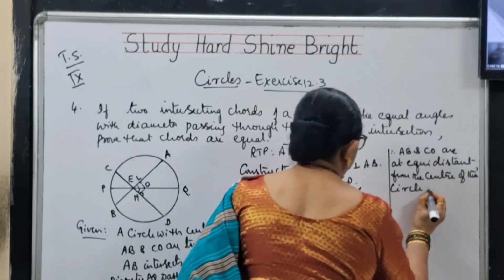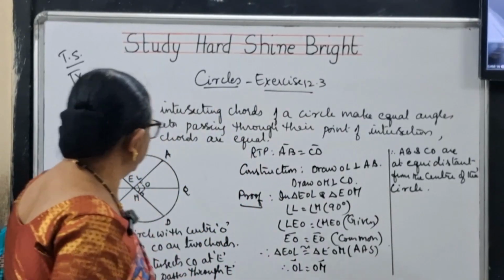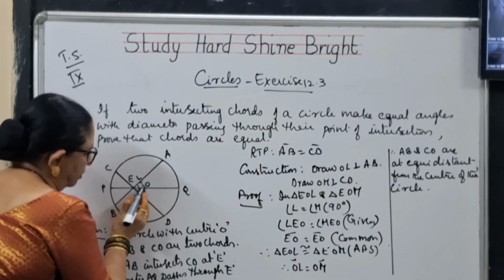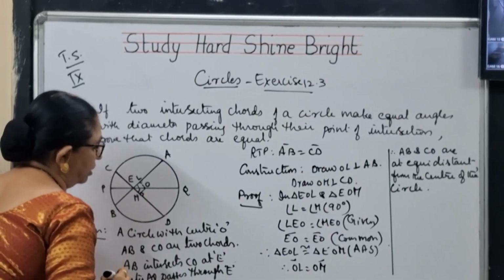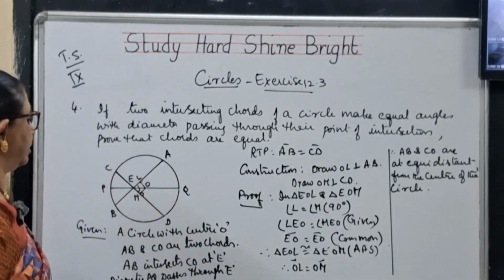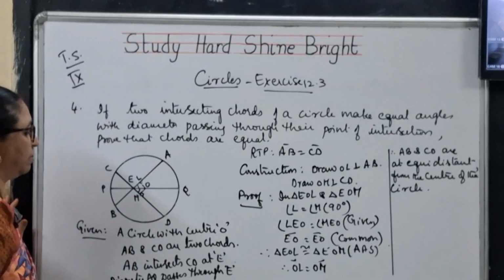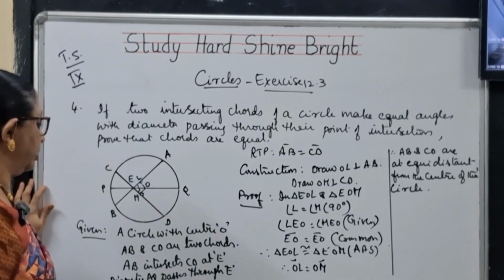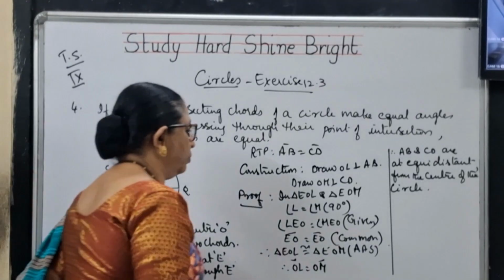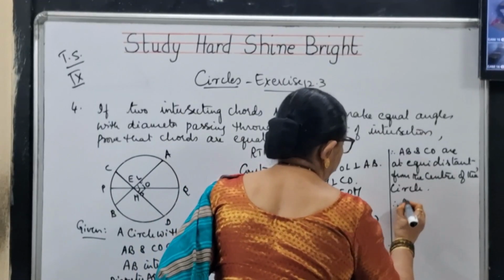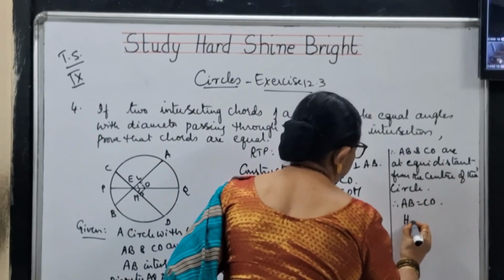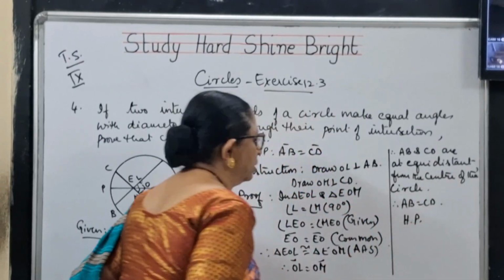So from here this distance and this distance is equal. We have already learnt that two chords which are at equidistance from the center of a circle are equal in nature. That is a theorem we have learned. Therefore we can say that AB is equal to CD. Hence proved. This is how we can prove.